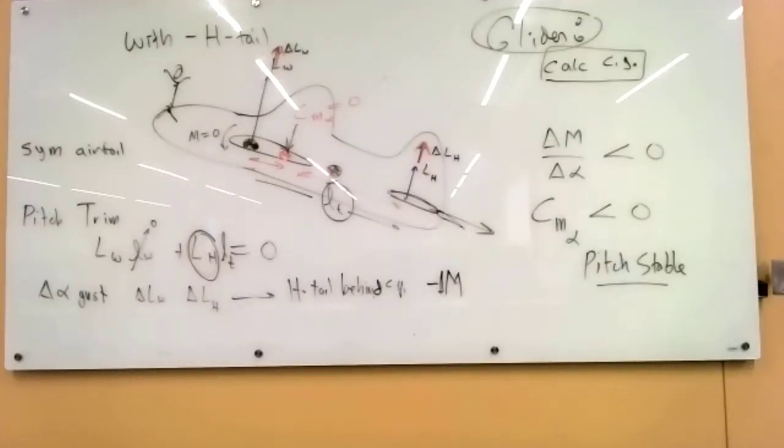If there are no more questions, I want to talk about maneuvering flight. We've been talking about straight level flight and climbing flight, where lift is pretty much equal to the weight, although when we're climbing the lift is a little bit less than the weight. When you do maneuvers, that's when you pull g's.